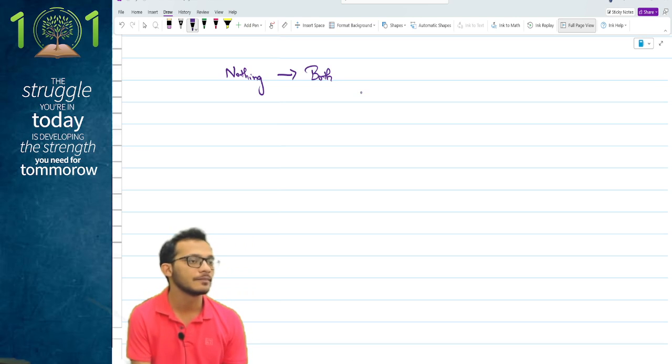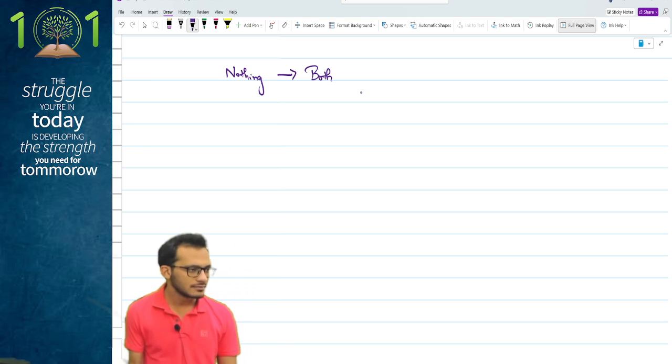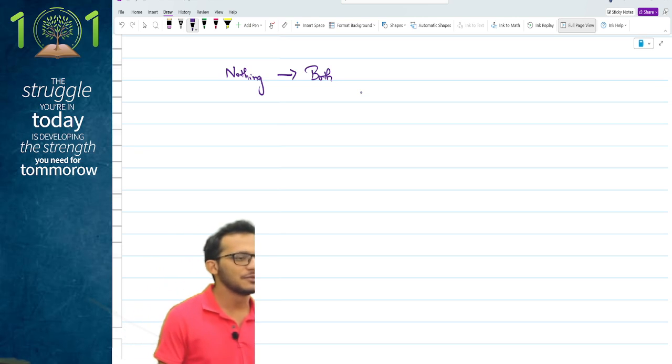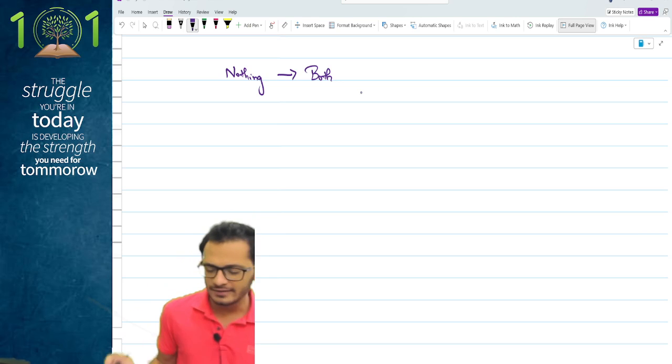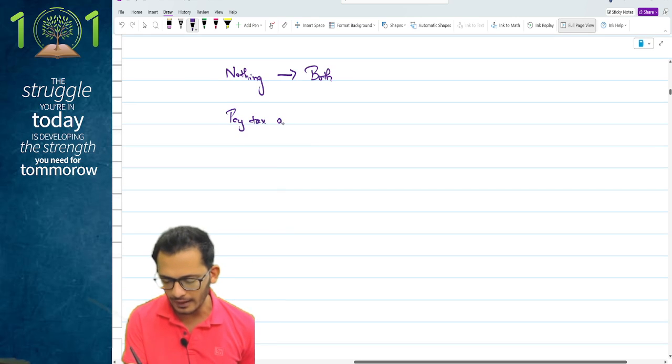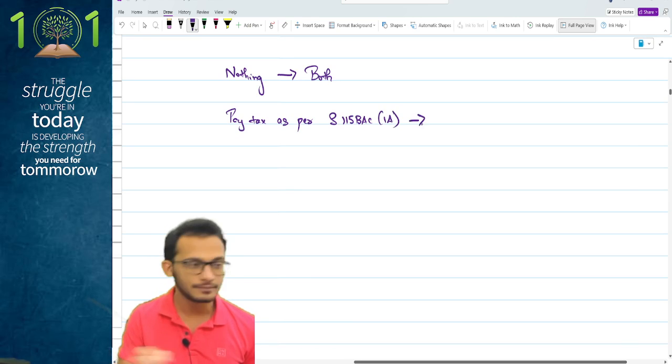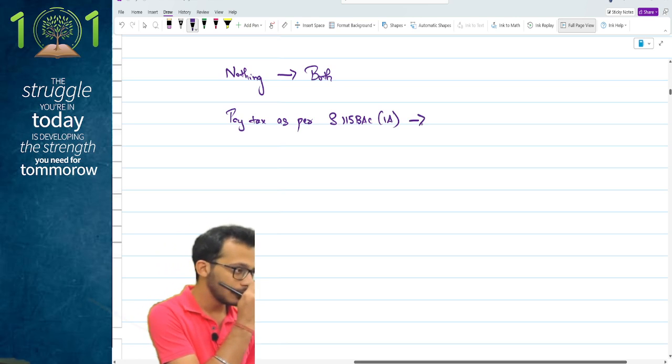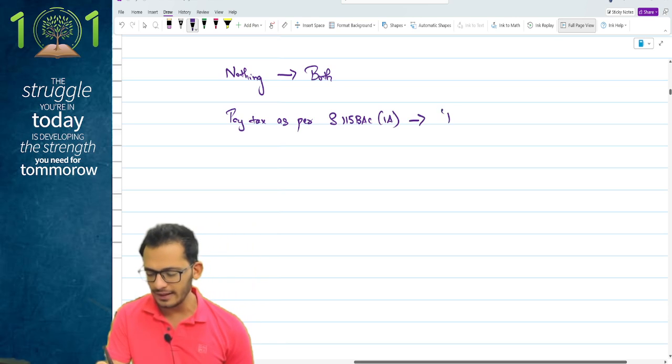Choose whichever is lower. Obviously beneficial. Yes or no? Yes. Rahul, if they come and use the words, the person is paying tax as per section 115BAC subsection 1A, then you are doing the default tax regime.